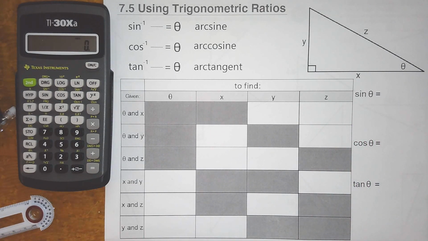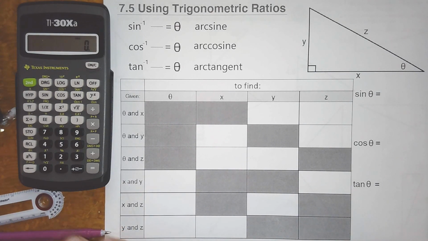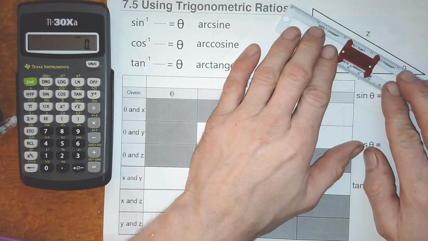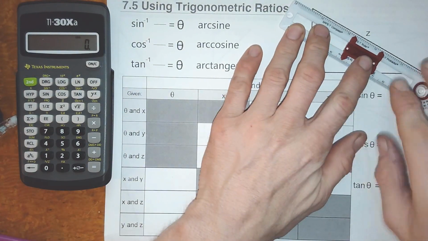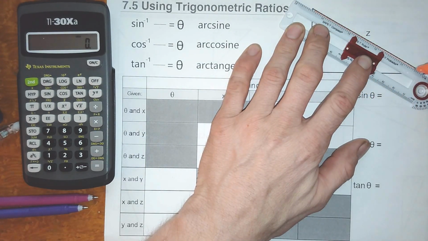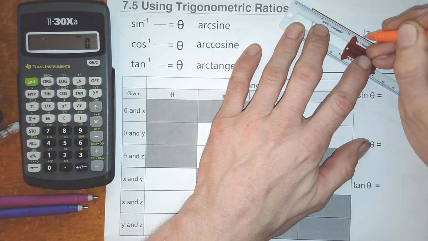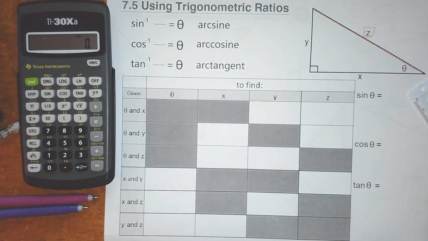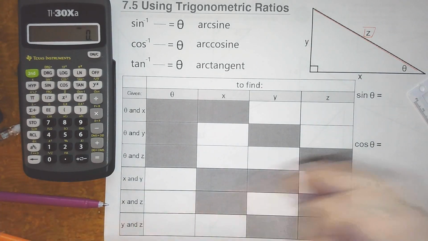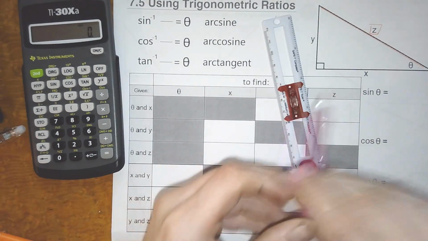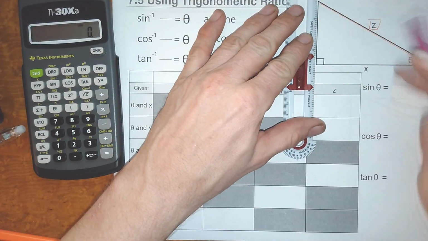So let's go ahead and start here, and we're going to again color code our stuff. The z here is orange, like it has been this entire theme. Relative to theta, our opposite, or our y, our up and down.